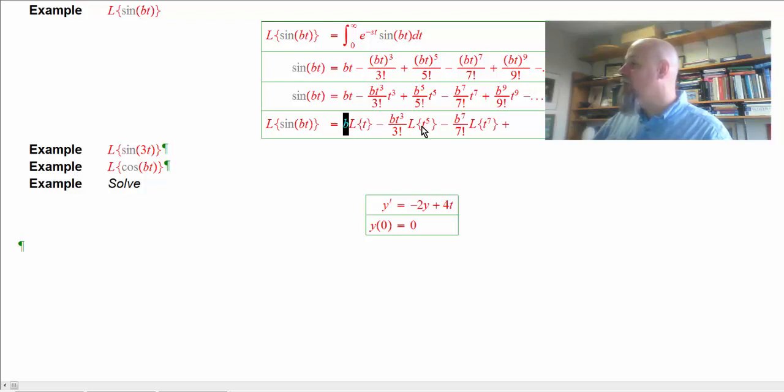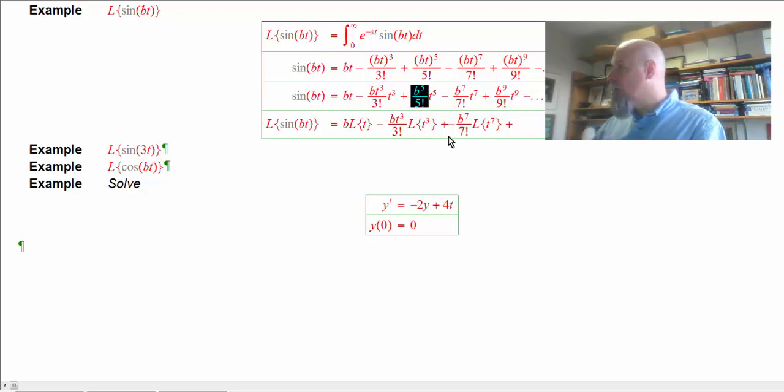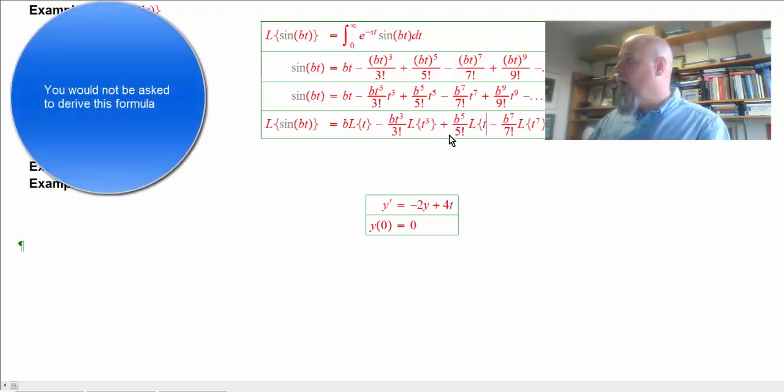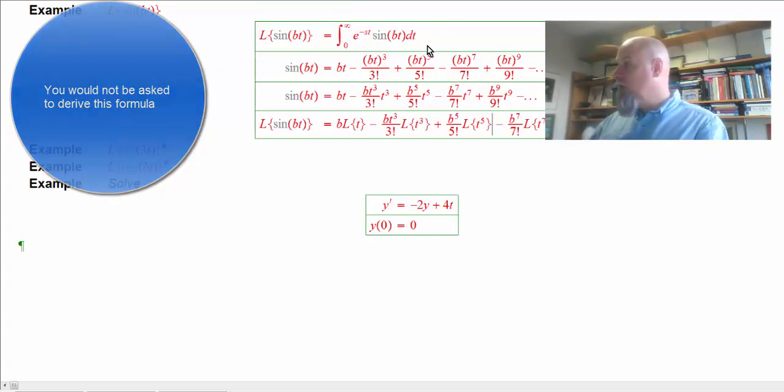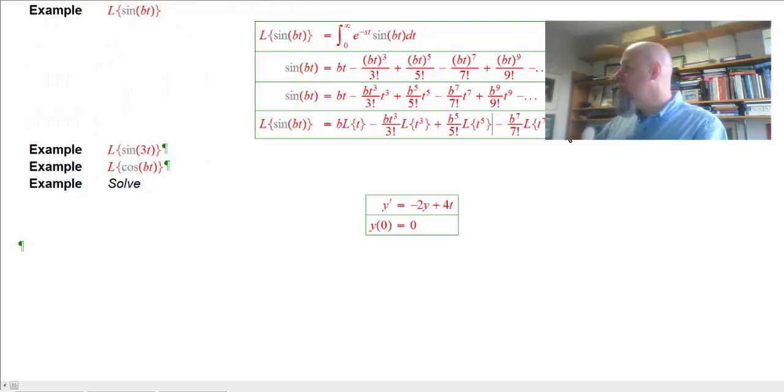Now it's just the Laplace of t, the Laplace of t cubed here, the Laplace of t to the fifth. I need that piece in there. So plus the constant times the Laplace of t to the fifth. And again, we just made our formula for the Laplace of t to the 7.